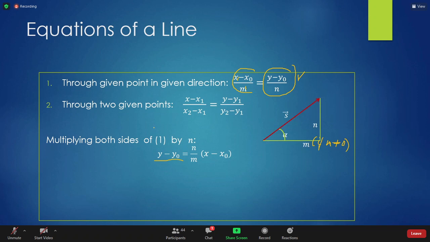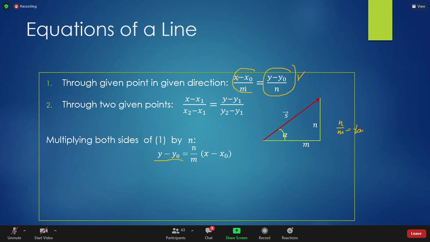But there is also an aspect that I need to consider, and this aspect would be the angle formed by the vector s and the positive x-axis. So n divided by m is actually the tangent of the angle alpha.